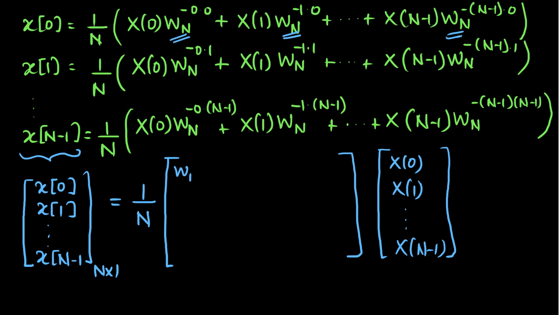So we have Wn to the power minus 0 into 0, then Wn to the power minus 1 into 0, and so on to Wn to the power minus of n minus 1 into 0. So this matrix is like this.